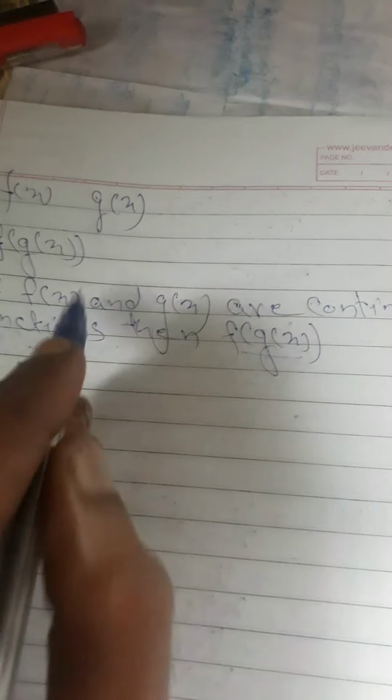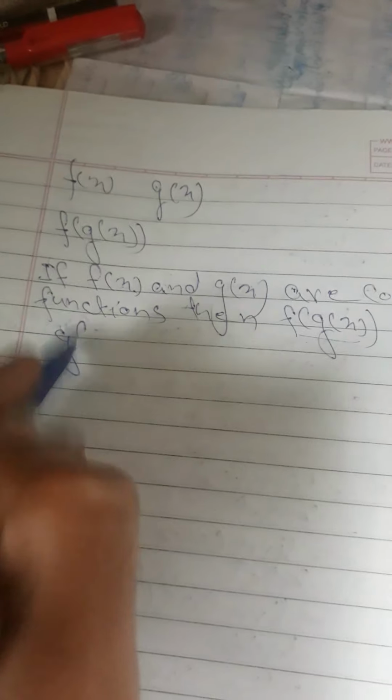Now remember, if f of x and g of x are continuous functions, then f of g of x, that is the composition of these two functions, and g of f of x are also continuous functions.